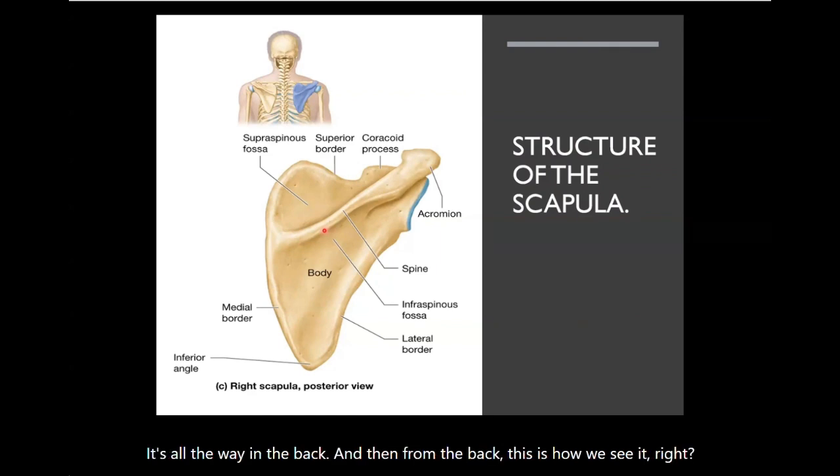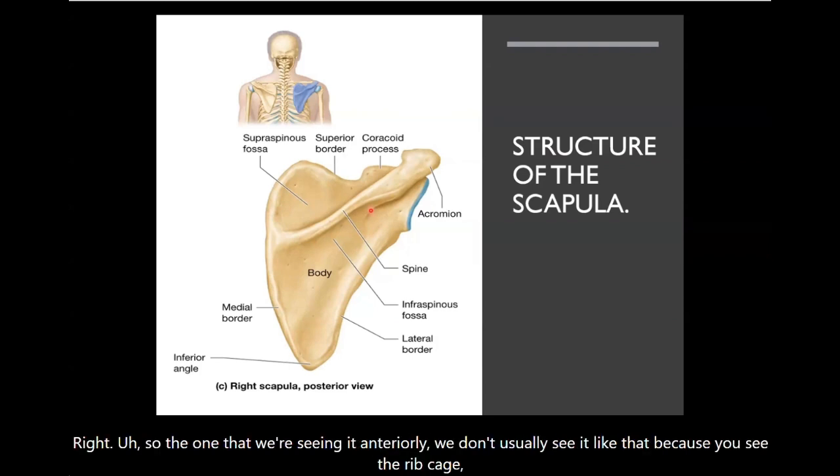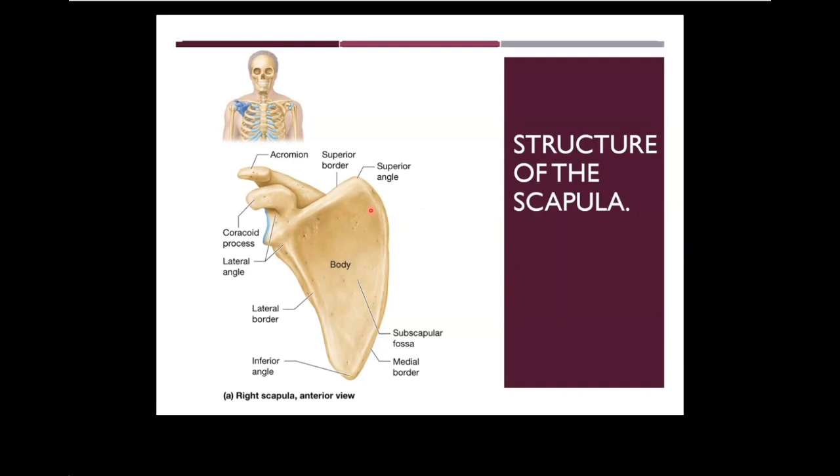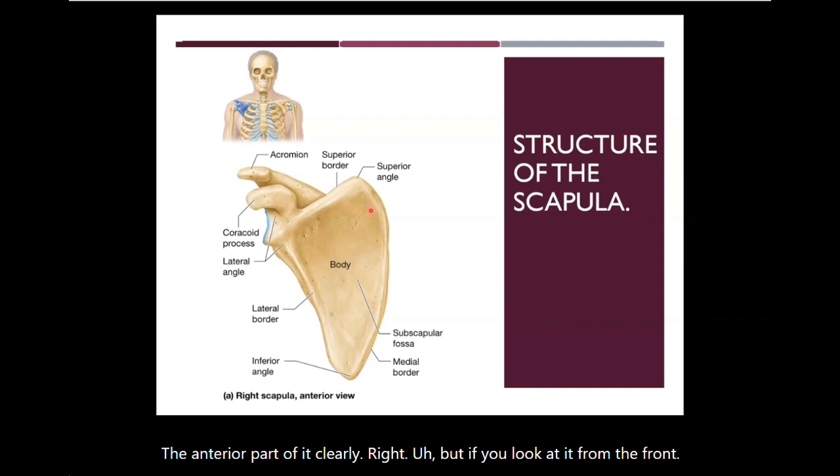It's all the way in the back. This is how we see the scapula if you look at the skeletons from the back, right? We don't usually see it anteriorly because the rib cage, the ribs, are covering the scapula, so you can't see the anterior part of it clearly.